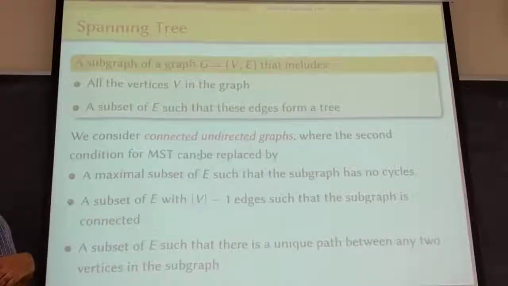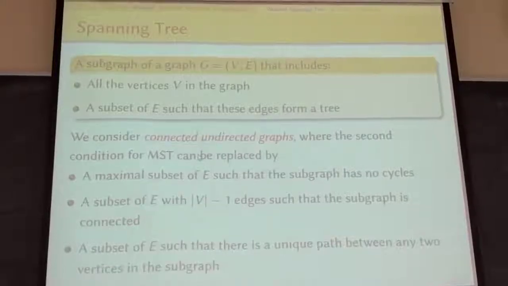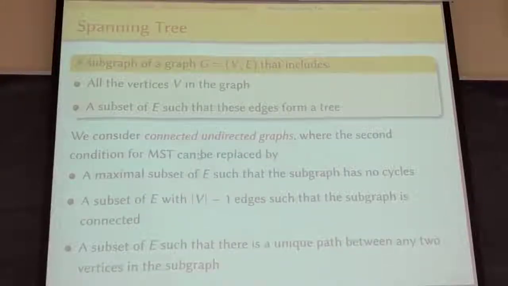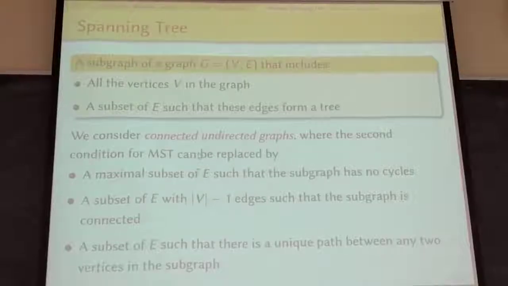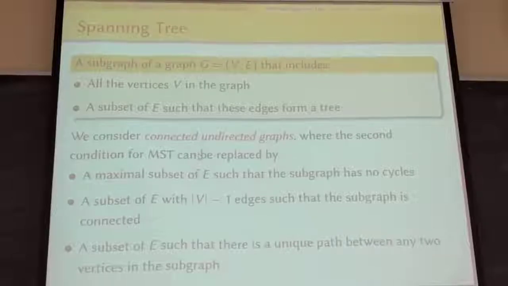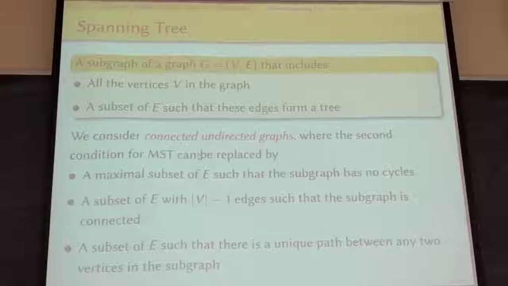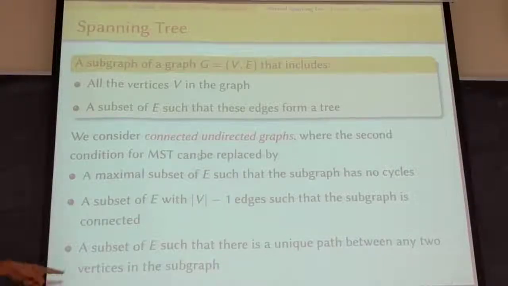Provided it's connected. So it's not just that you pick any subset of n minus 1 edges and you have a spanning tree. You may have disconnected components and then it's no longer a tree. So everything should be connected. If you have a connected subgraph that has n minus 1 edges, that will be a spanning tree. Finally, a third way to talk about it is that it's a subset of E such that there is a unique path between any two vertices in the subgraph.